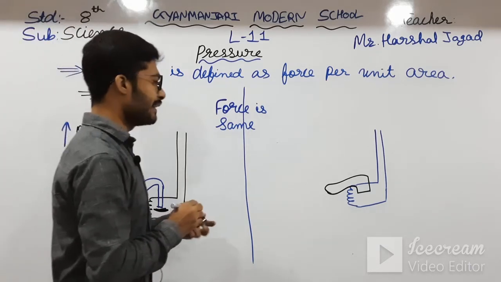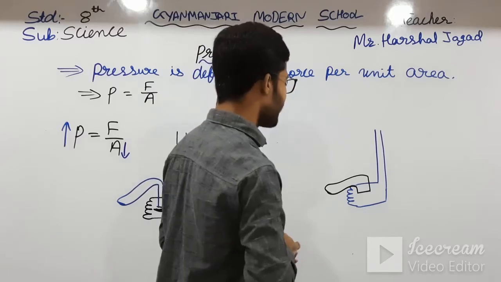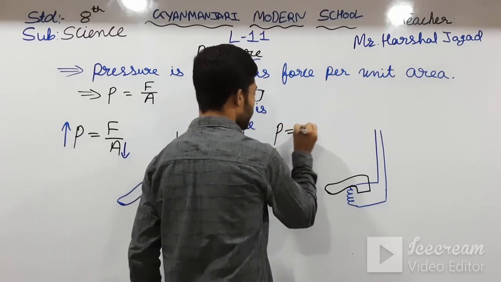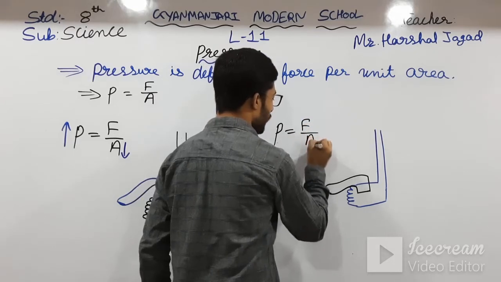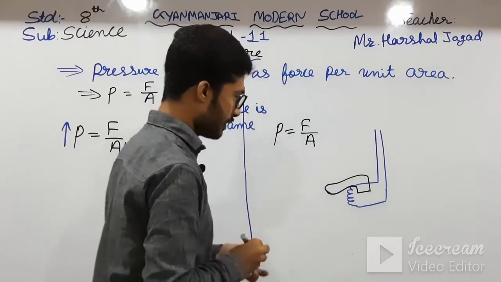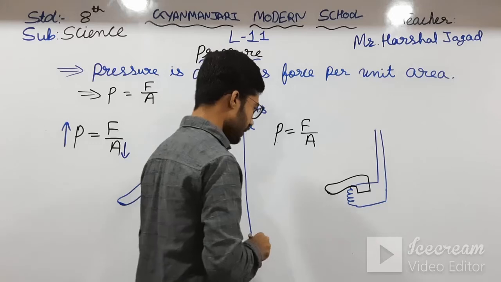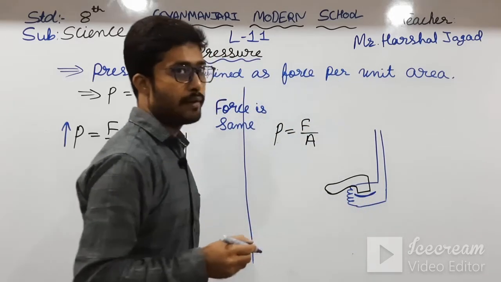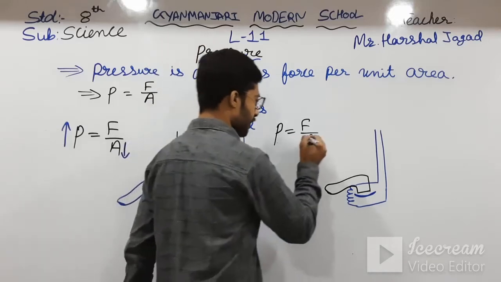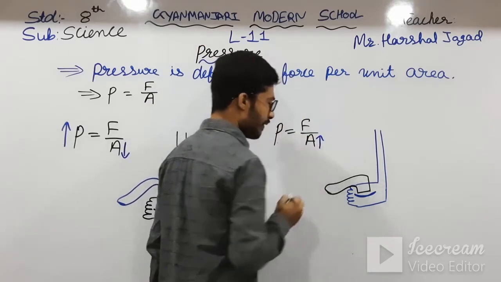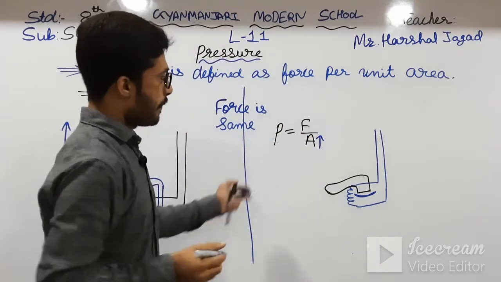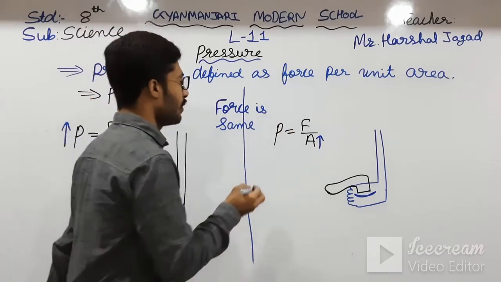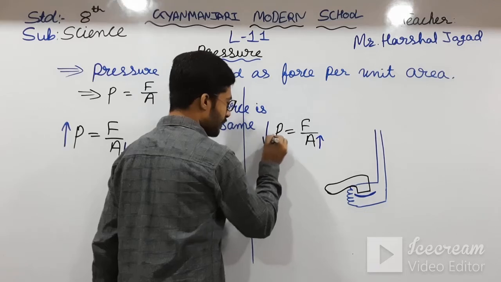In the other case, if we put P equals F upon A, here the area is large. If the area is big, the denominator is big, so the value we get is low.